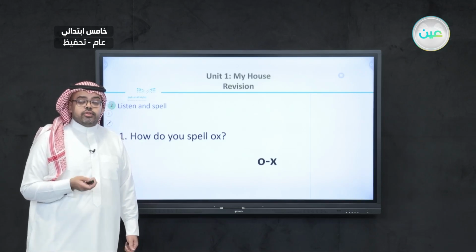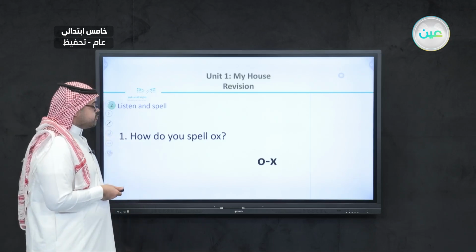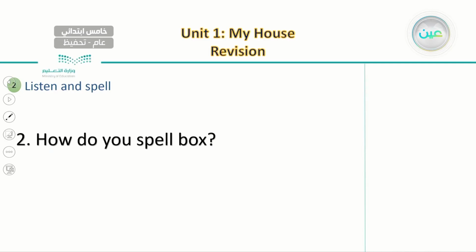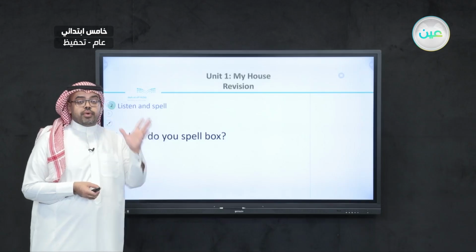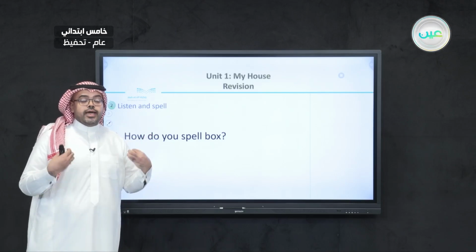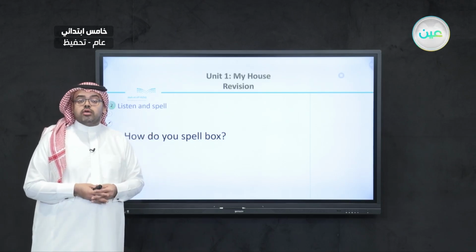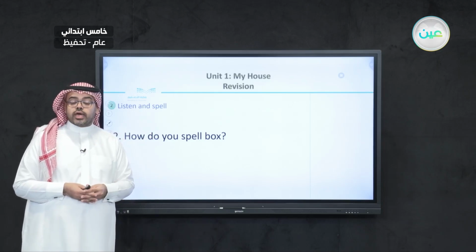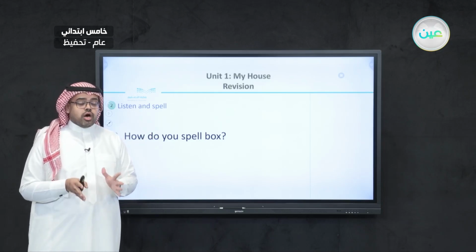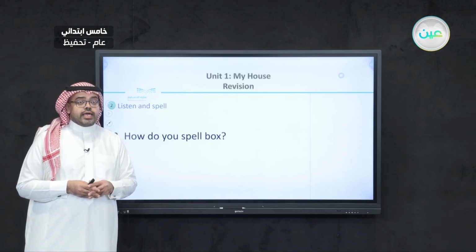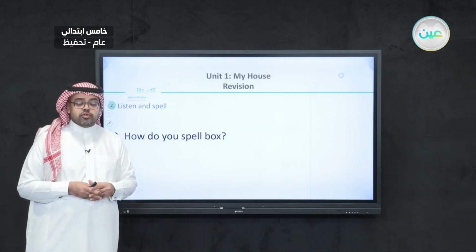And also the second question, which is, how do you spell box? Just listen to the word box, close your eyes, and tell me how you think we can write box. What are the exact letters? Can you spell these letters for me?